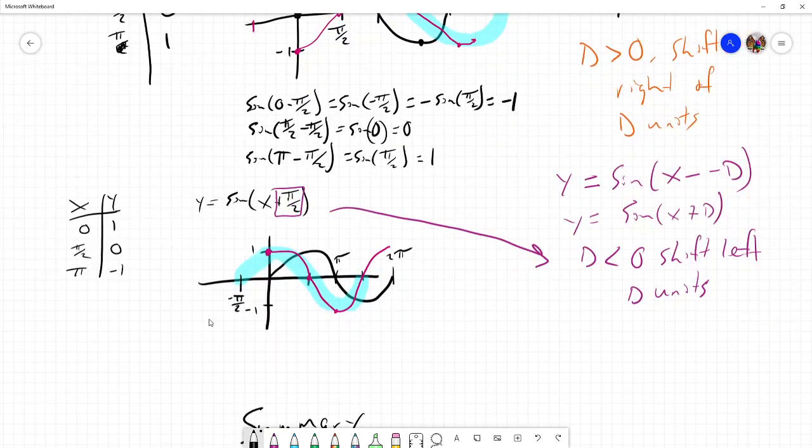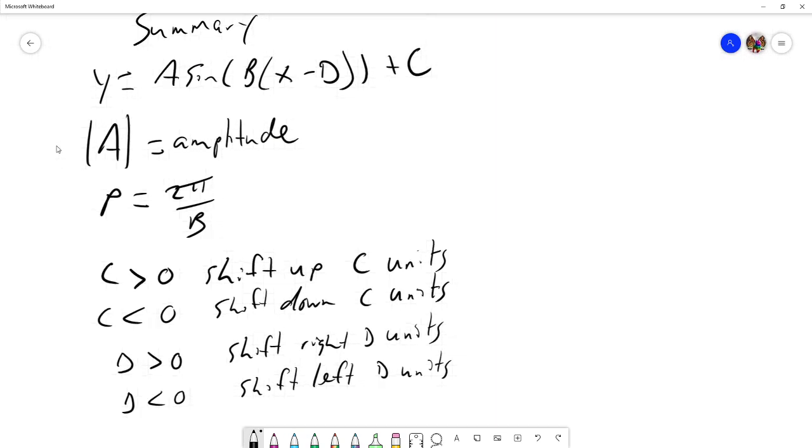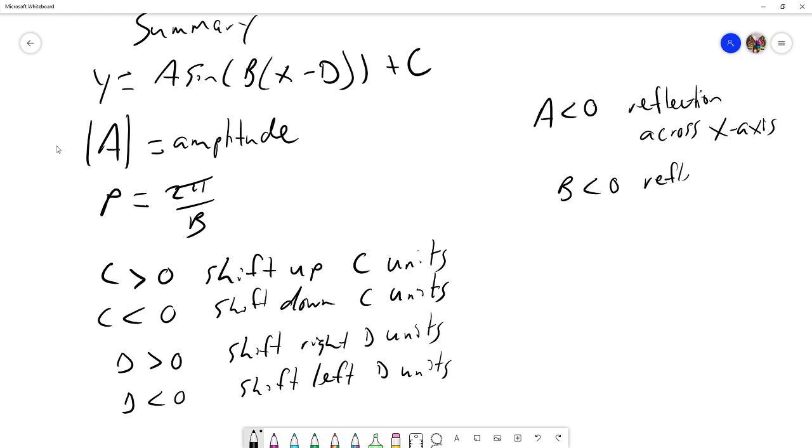So that's our caveat we need to remember. And then we also need to keep in mind, if a is negative, then we have a reflection across the x-axis. And similarly, if b is negative, we have a reflection across the x-axis.